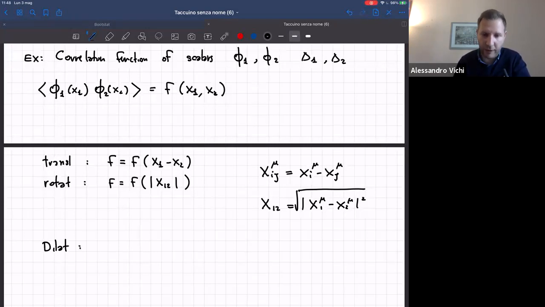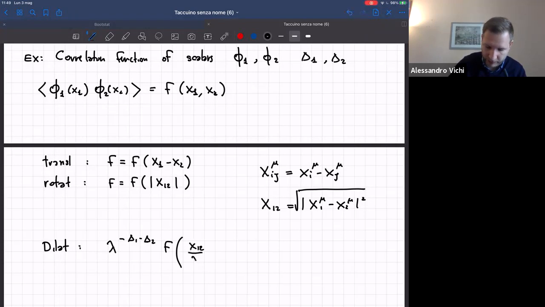Dilatation implies that this function f has to be a homogeneous function of the quantity x12 with appropriate degree. In particular, dilatation implies that, if you work it out, lambda to the power of the dimensions, I get this prefactor, then I get the same function as before, evaluated now in x12 divided by lambda.